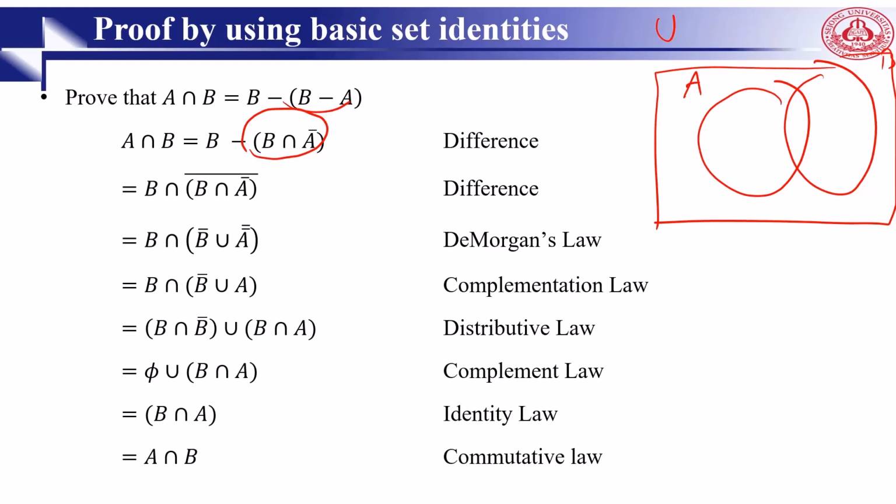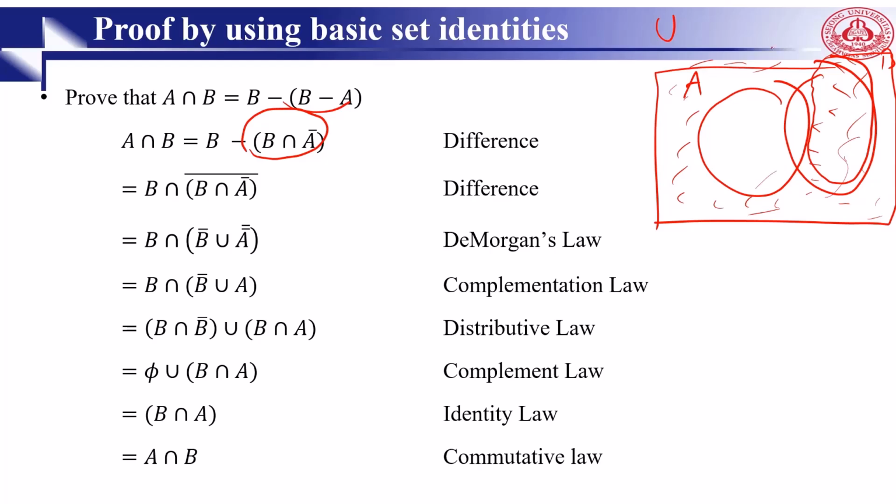So B intersection of the complement. A complement is this part, right? This is A complement. B intersection with A complement is this part. Same, right?